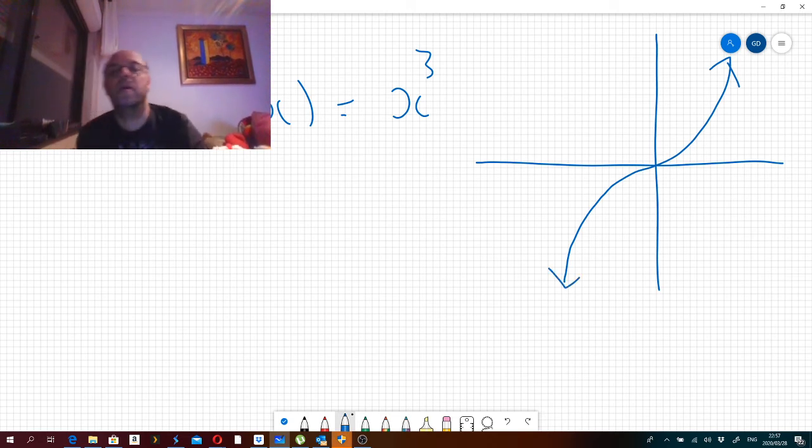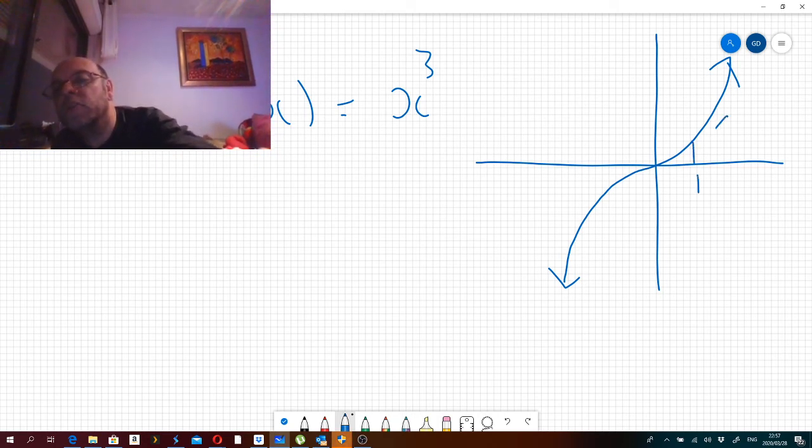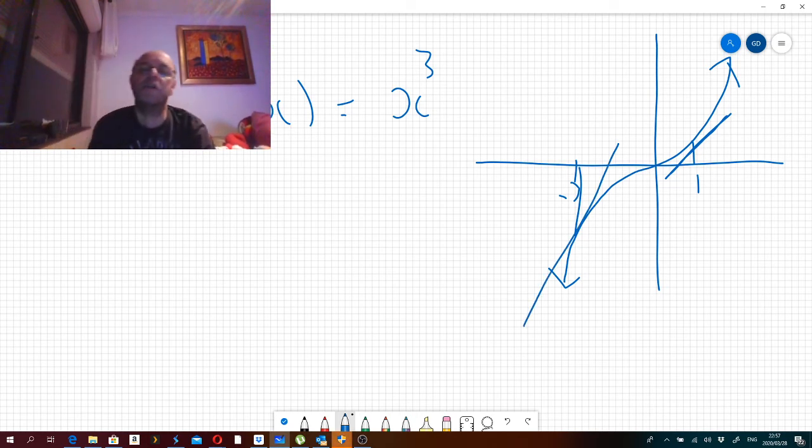So now we want to work out the gradient function along this curve. In other words, if I pick any point along this curve, what would be the gradient of a straight line that touches just at that point? If I said to you at 1 over here, what is the gradient of this tangent? And maybe at -3 over here, what is the gradient of that tangent? Let's see if we can work it out.